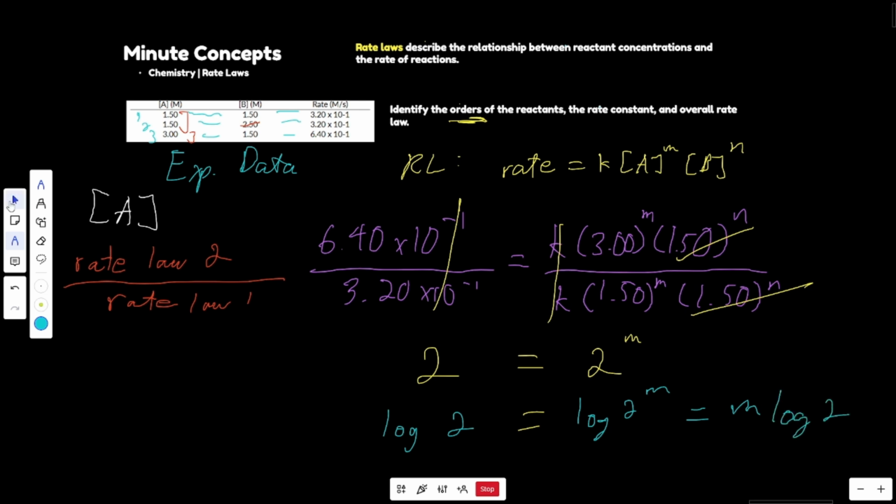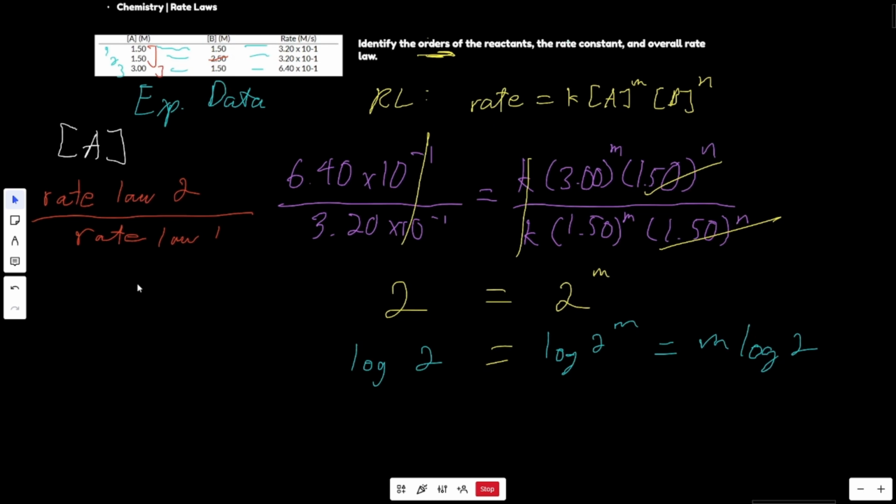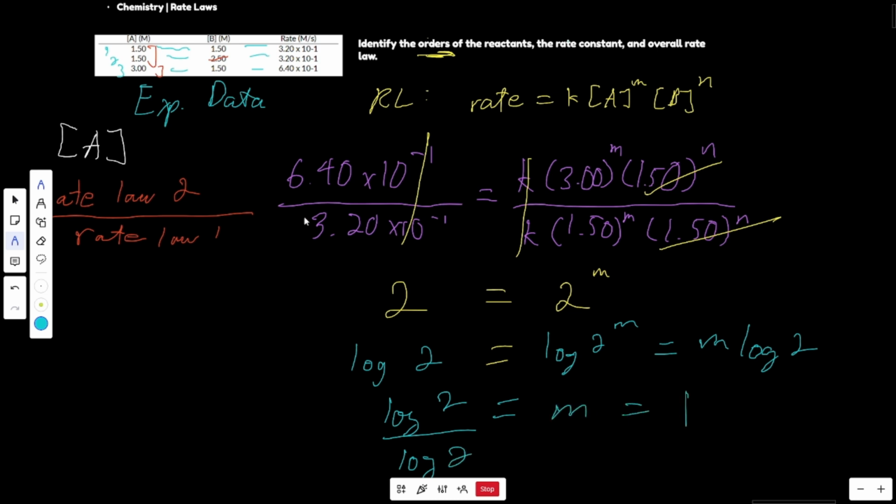So this would bring us to isolate M, we would be getting log 2 over log 2 is equal to M, which is also equal to 1. And that's it. So the order of reactant A would be 1.